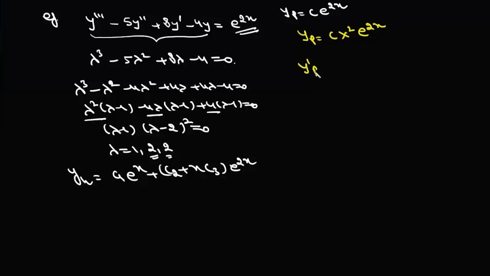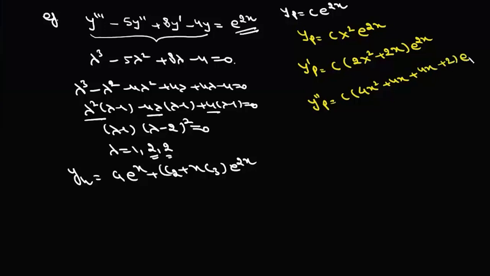Now y dash p is c, 2x square plus 2x, e to the power 2x. Y double dash p will be c and then 4x square plus 4x plus 4x plus 2 e to the power 2x, which is c, 4x square plus 8x plus 2 e to the power 2x.